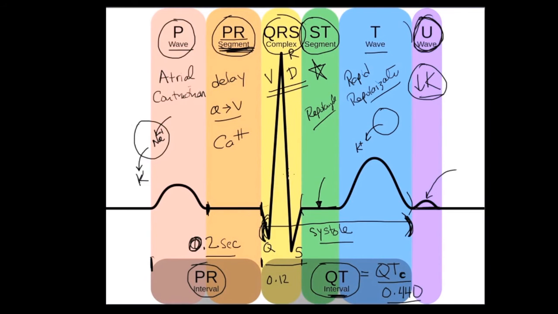The QRS, if this is very quick, then that means your bundles are working well. If the QRS is widened, you have to think about maybe a bundle branch block, because this is not allowing the depolarization to go down the His bundle very quickly. And then we talked about repolarization of the ventricle, and then of course the U wave and its association with hypokalemia.